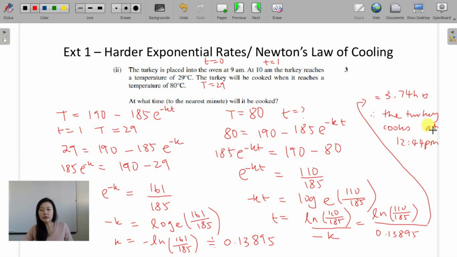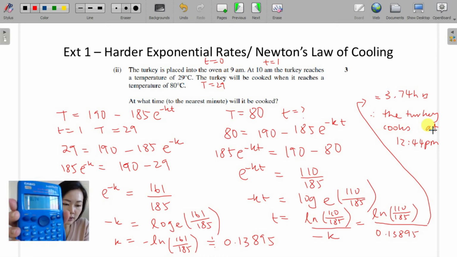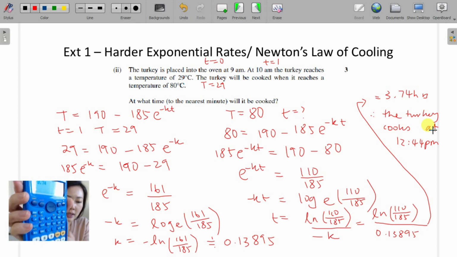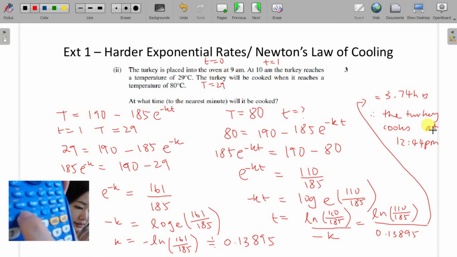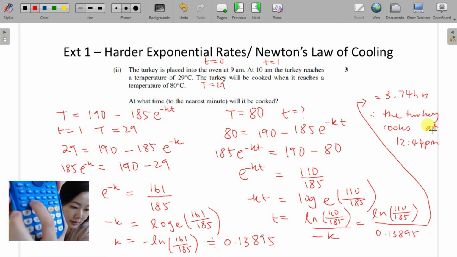Yeah, so if you don't know how to play with time, it's actually very simple on the calculator. So all you do is take 9 plus 3.74. Normally your calculator will display something like that, a fraction. Then you hit the degree button, this button over here.